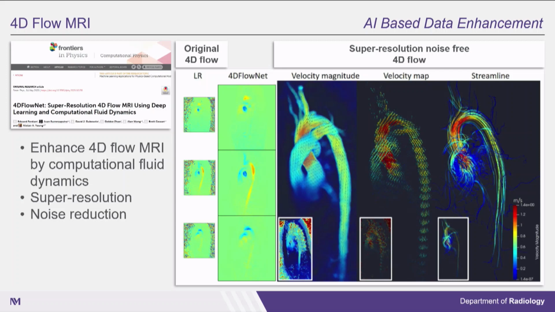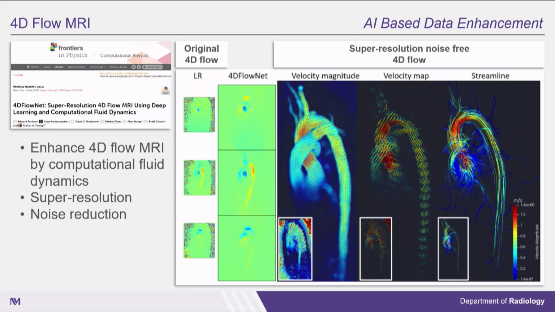And you can nicely see this if you compare these enhanced images with the original images in these boxes on the lower left here. So I think there's really tremendous potential here with AI, both on the data acquisition, image reconstruction side, and on the data analysis side.